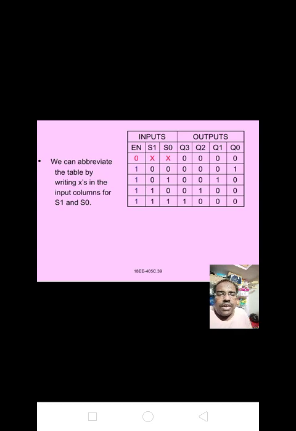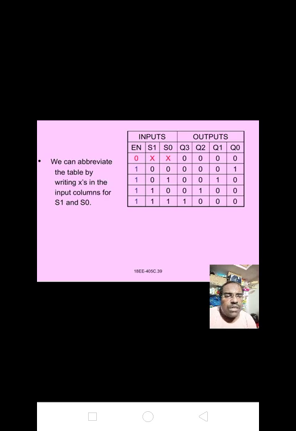Next, for enable is 1, input is 0 0, it is 0 0 0 1, that is Q0 equal to 1. So equation is S1 bar, S0 bar. Okay, if the enable is 1, input is 0 1, that is output is 0 0 1 0, that is Q1 equal to 1. Equation is S1 bar, S0.